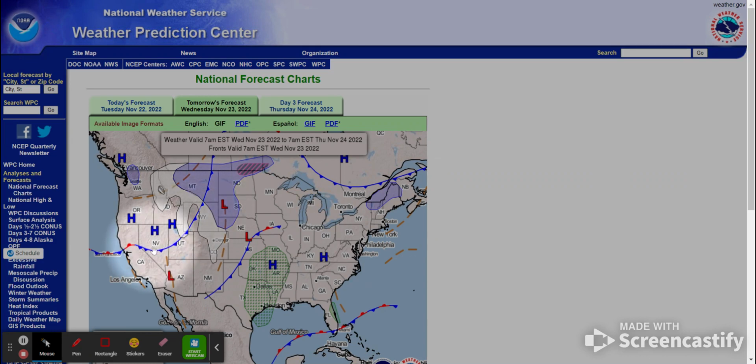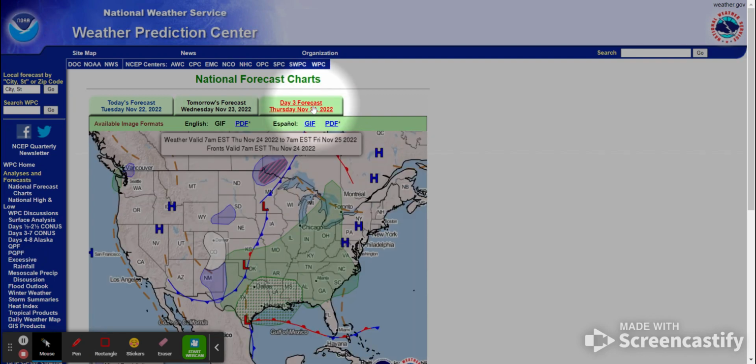Now we just have a cold front, and you can see it's moving in this direction. Do you remember what this is? It's a stationary front where neither of them can push each other, and we've still got this stationary front down here, right? And then you can go to day 3 and see the forecast.